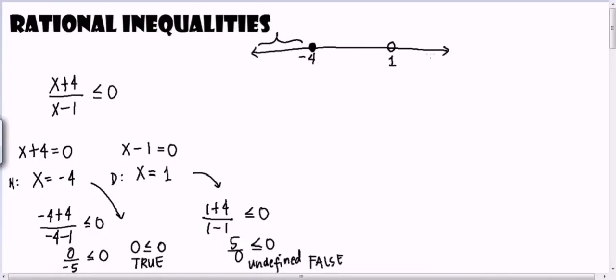After that, you test each interval. You pick a number between negative infinity and negative 4, that is the first interval. Pick a number between negative 4 and 1, that is the second interval.